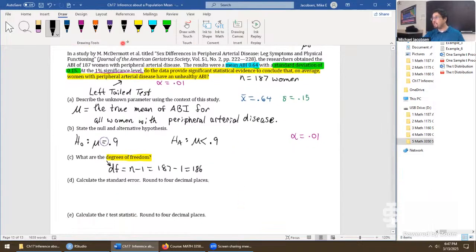Next thing we do is calculate the standard error. Standard error is the new thing we just picked up in chapter 17. It's the standard error of the sample mean, X bar really. Actually, let's use green for this. We usually compare green with something that's a standard deviation. And that's essentially what this is.